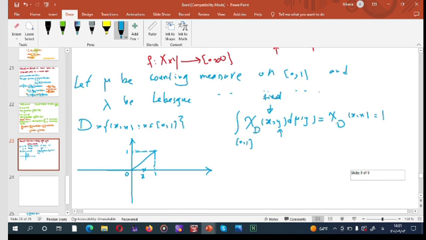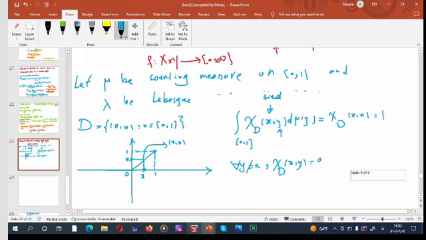Only on this point (x, x) this function equals 1, and for each y not equal to x, this function equals 0. By counting measure, this integral equals 1.